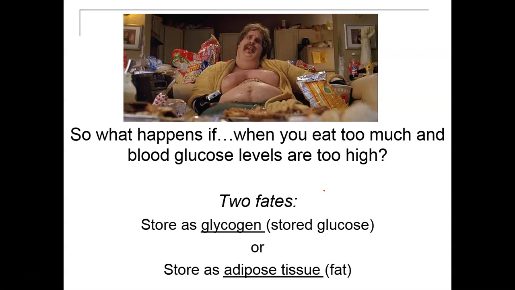But by and large, the reason why you would begin to store glycogen or adipose tissue is because energy levels are abundant. ATP is abundant. We have too much energy on hand, so we are going to start to store said energy. There are two fates: one, we can store it as glycogen, or two, we can store it as adipose tissue.